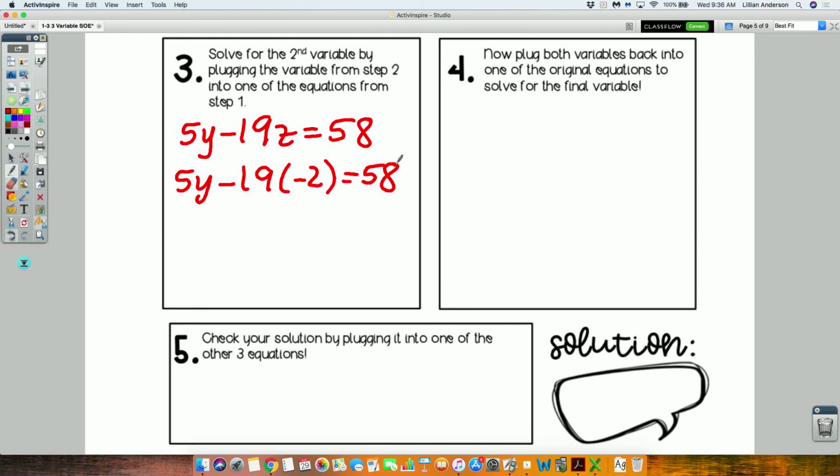Gonna multiply. What's that? That'd be a positive, because it was a minus 19 times a negative 2, so that turns to a positive 38.